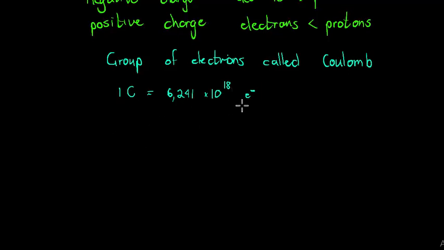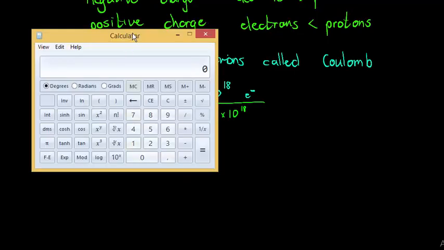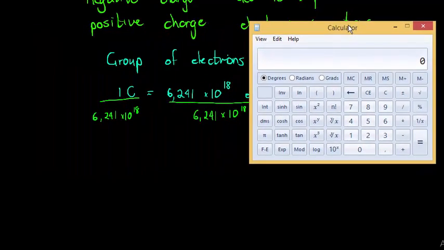So what we'll do is we'll divide both sides of this expression so that we can get the electron by itself. We'll divide by 6,241 times 10 to the power of 18 on both sides. So what do we then get?